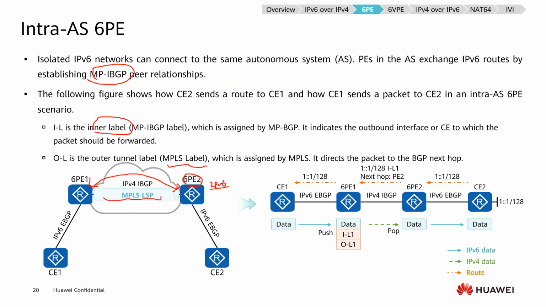So let's see the whole process. First is the route transmission. When CE2 has a route like this, it will send the IPv6 route to 6PE2, just a normal IPv6 route.